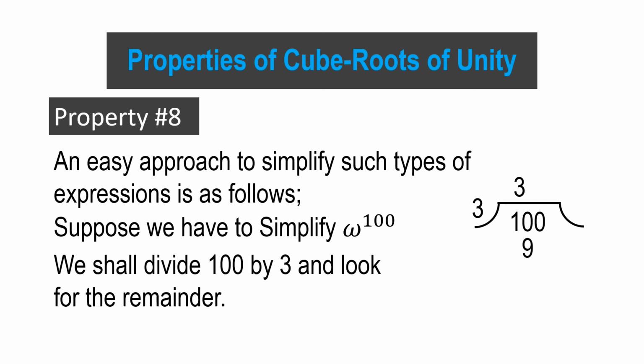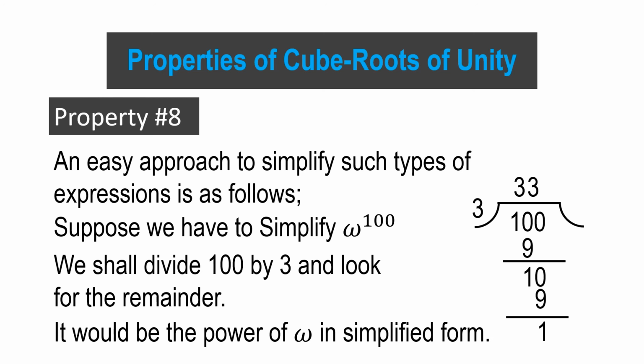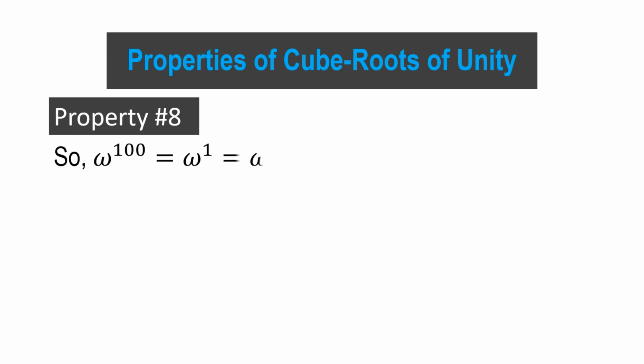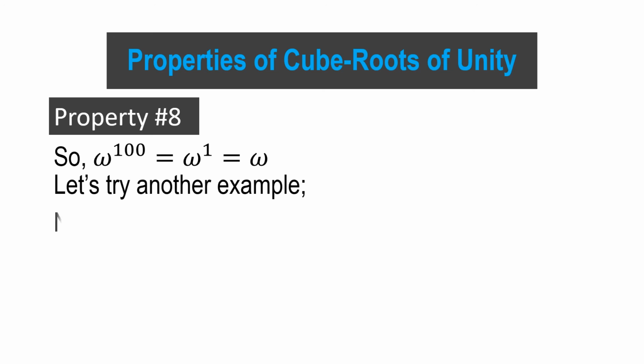An easy approach to simplify such types of expression is as follows. Suppose we have to simplify omega raised to power 100. We shall divide 100 by 3 and look for the remainder. 100 divided by 3, 3 times 3 is 9, subtract 9 from 10, it is equal to 1, transpose 0 below, now it is the number 10, 3 times 3 is 9, subtract 9 from 10, and remainder is 1.